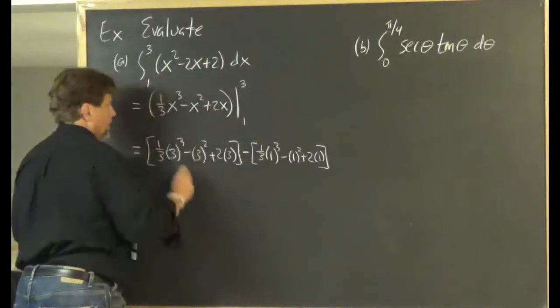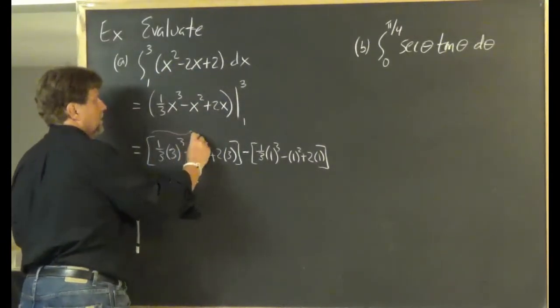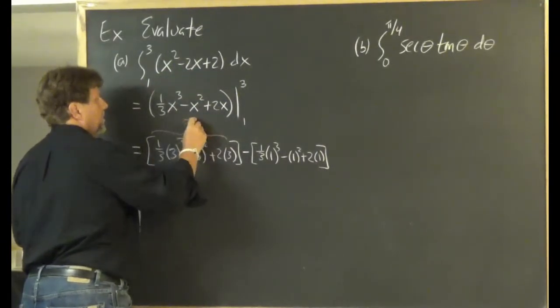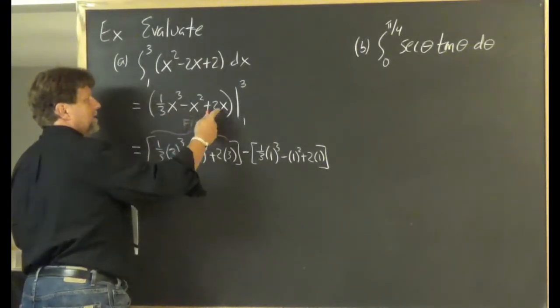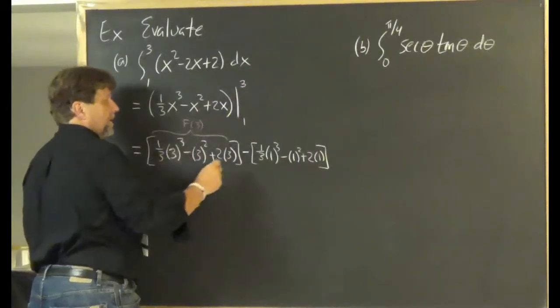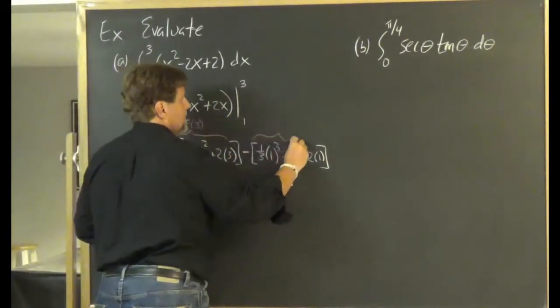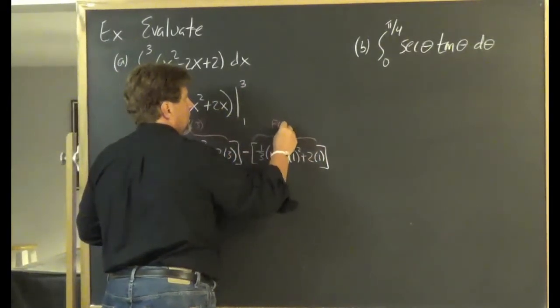All of this here would be the capital F of 3, evaluating the antiderivative at the upper limit 3. And all of this here is F of 1.